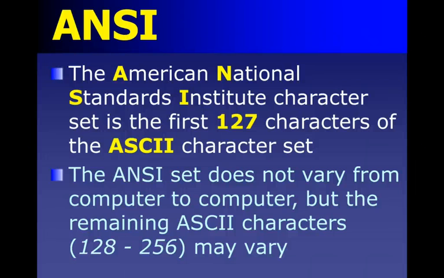It's actually the first 127 characters from the ASCII table. And you may recall, I'm just going to turn the light on for a second. That's a chart of the ASCII table right in the back of the room there. But there are characters within that table that are not standard from computer system to computer system, Mac to PC to other systems. So for ANSI, the first 127 for sure are part of every system.